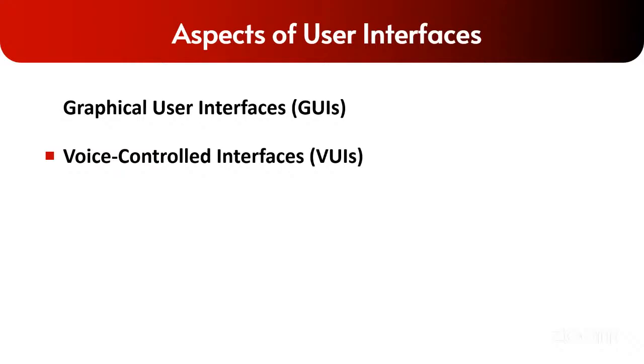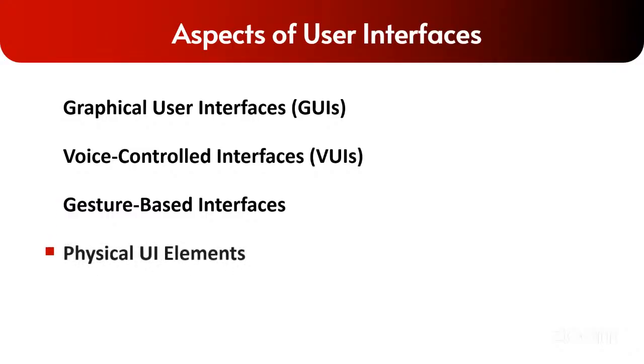So we also have voice-controlled interfaces. We have gesture-based interfaces. Interfaces where you can maybe clap your hand and it responds, or use any kind of gesture to get the application or the device to respond. That is what we call gesture-based interfaces.